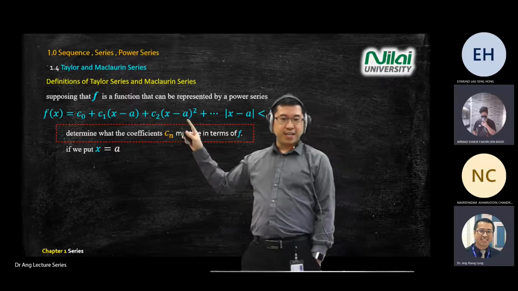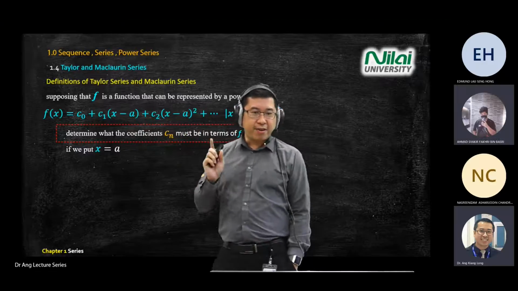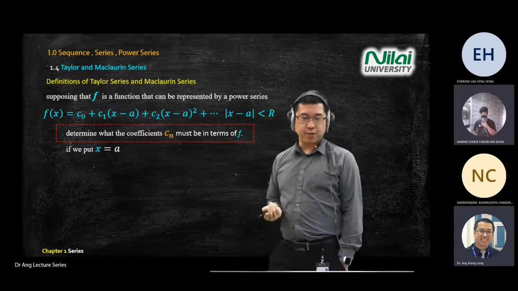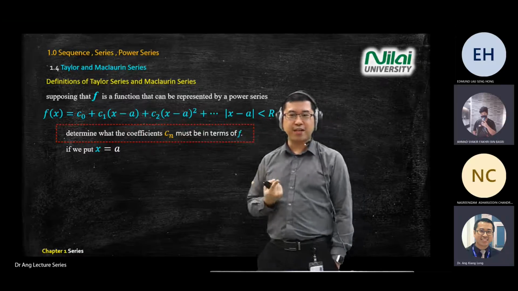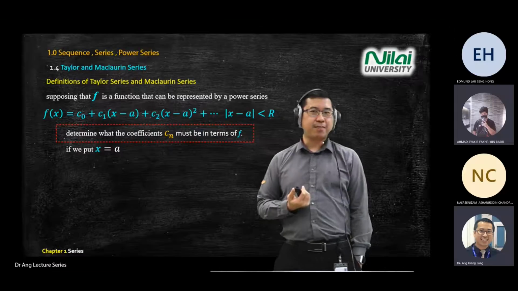Does it make sense? If I put this whole series with x equal to a, I will still get C sub 0, one constant value. Correct? Does it make sense, Nizam?